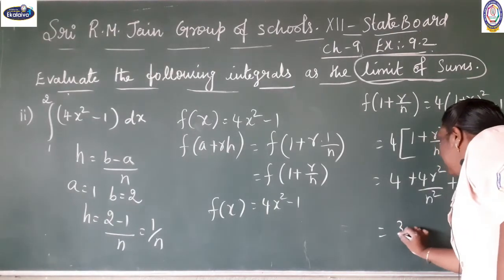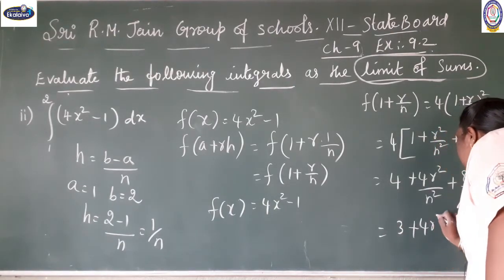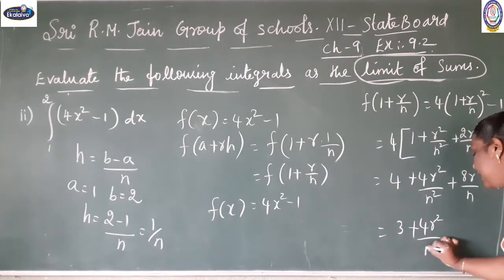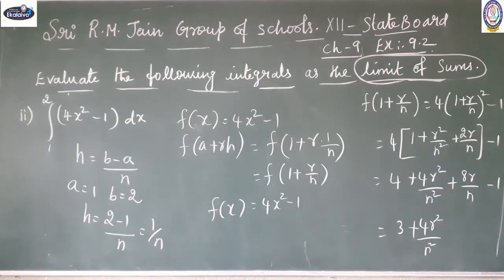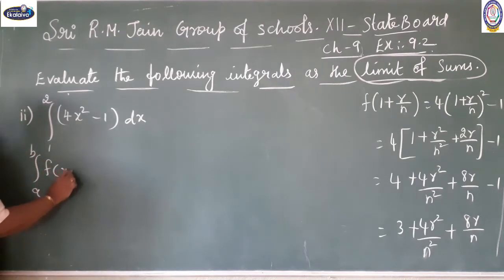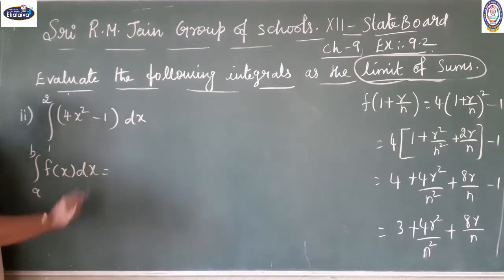So 3 plus 4 r square by n square plus 8 r by n.